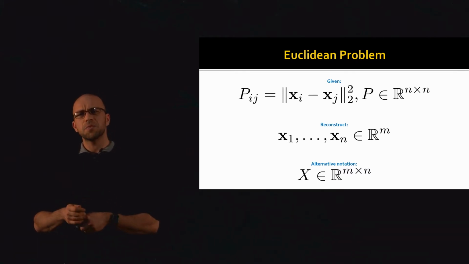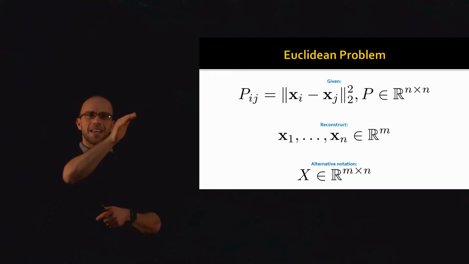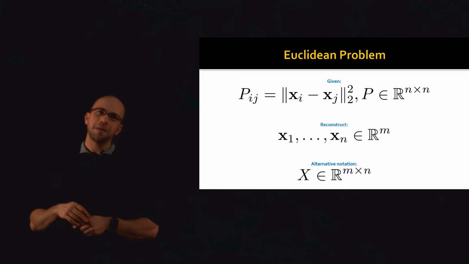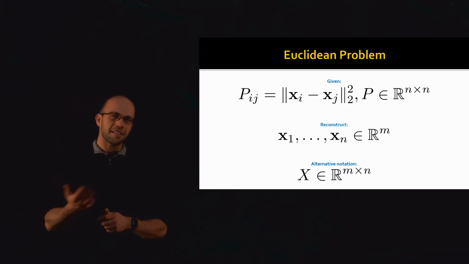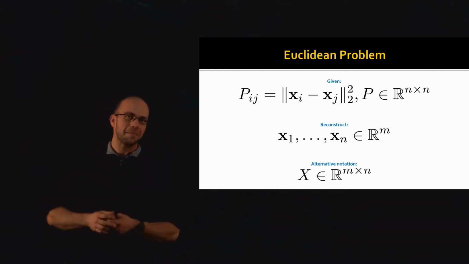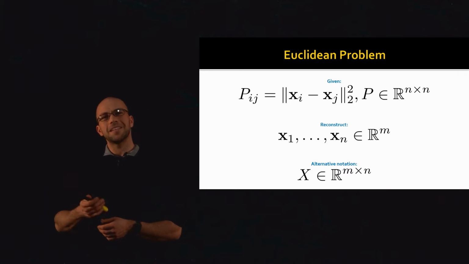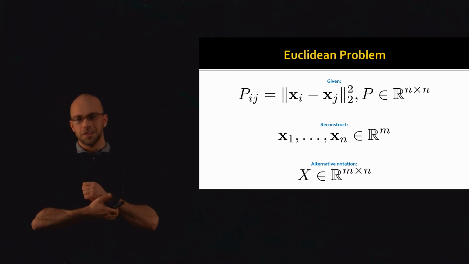So we're going to have to relax our problem a little bit. We're going to say, given Pij, and given the fact that Pij came from pairwise distances, maybe I can't recover the x's that I started with, but I can recover some set of x's that also has the same pairwise distances. In fact, we'll see that they're the same as our original x's, just up to rotation and translation.